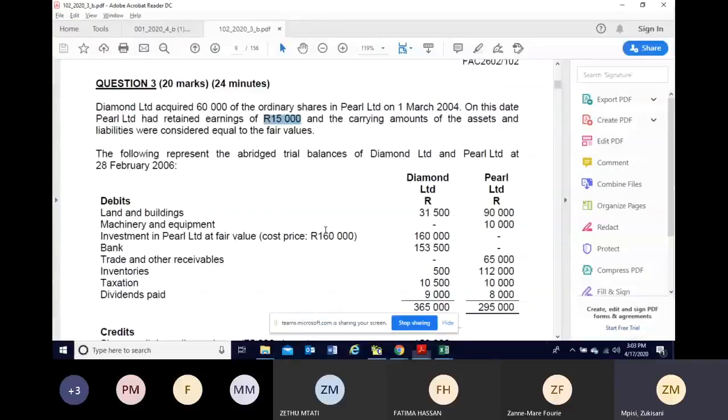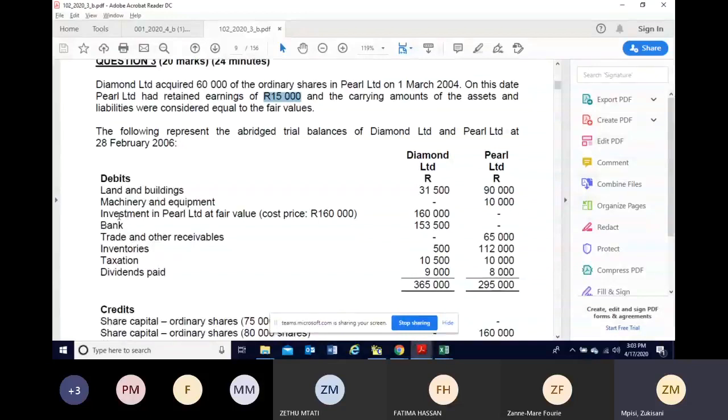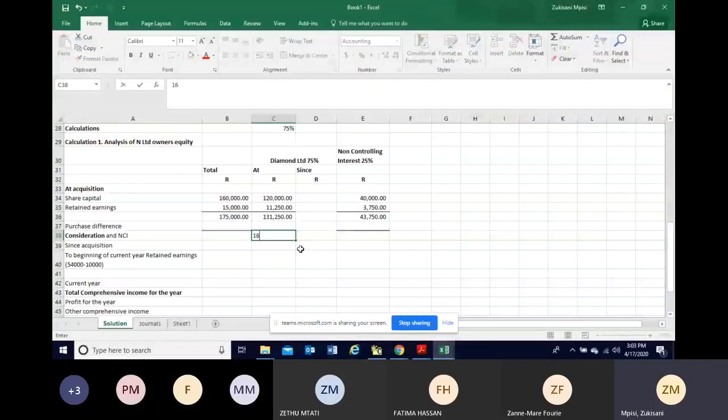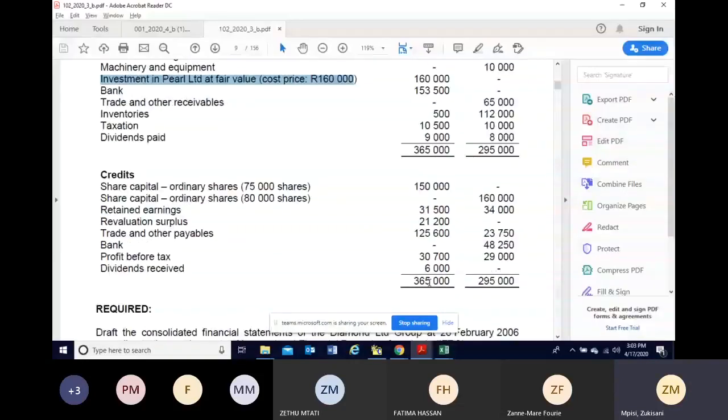We go to see how much was the investment. The investment in Pearl at cost price, at fair value, was 160,000. The next thing we look at is whether we have anything called non-controlling interest.